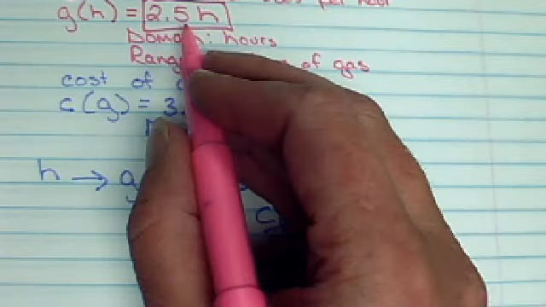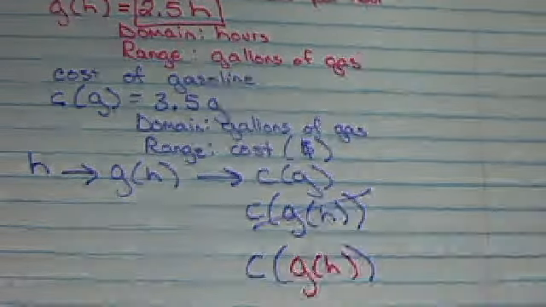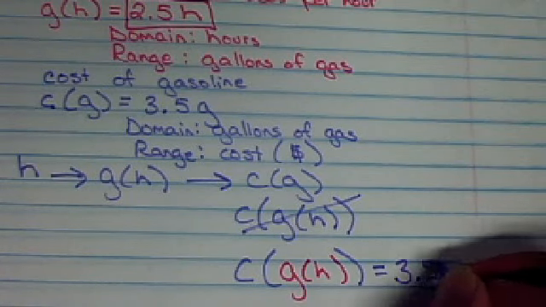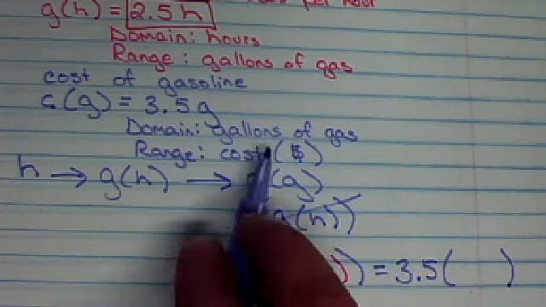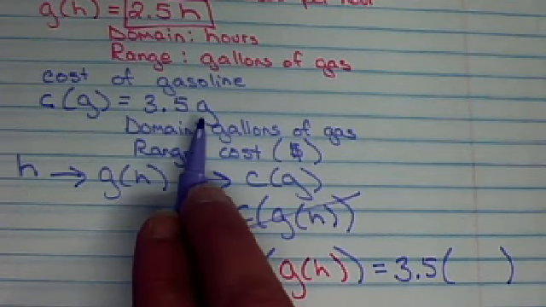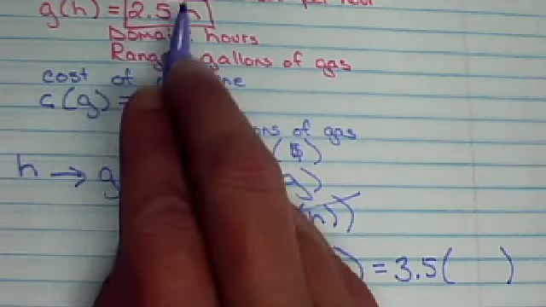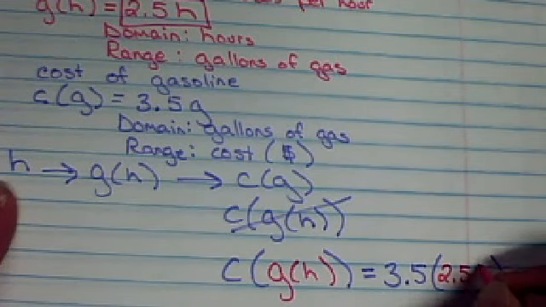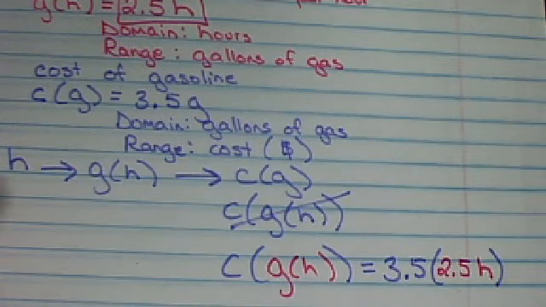This represents the gallons of gas. So you can literally replace this G with a function or an expression that represents G. 3.5 times 2.5.